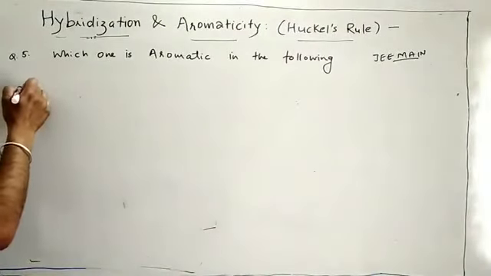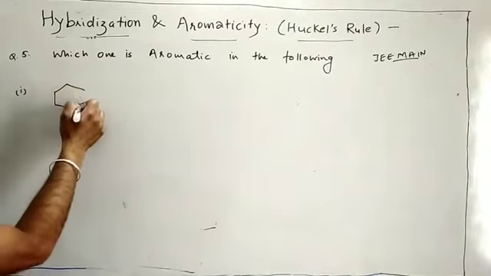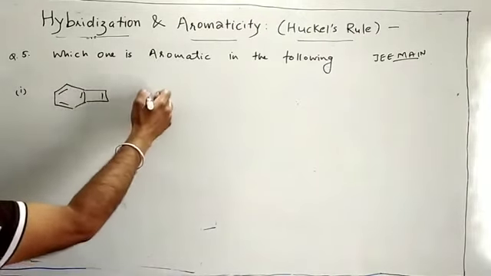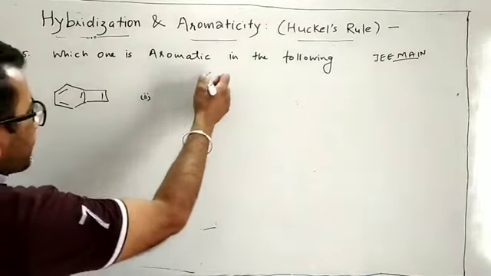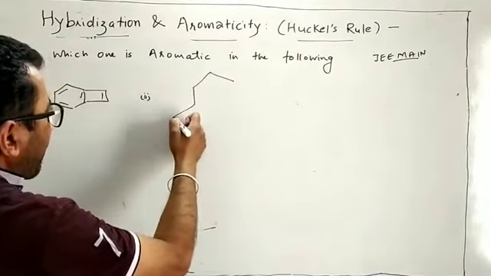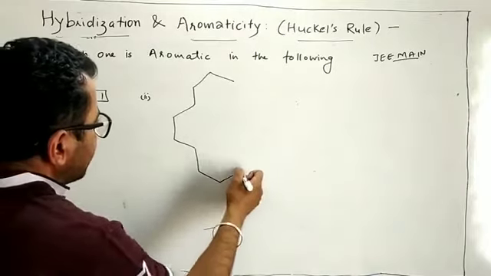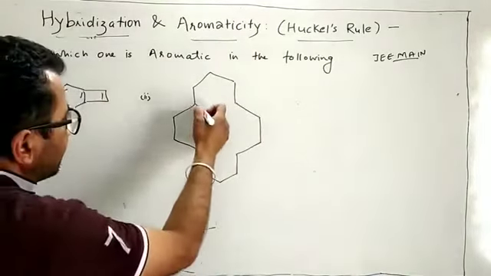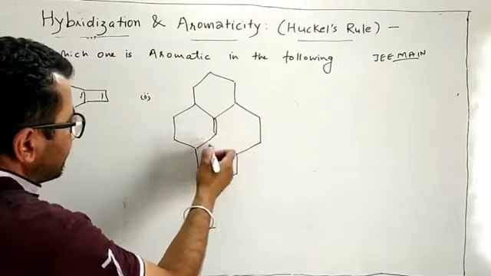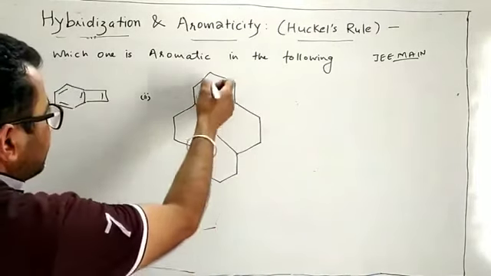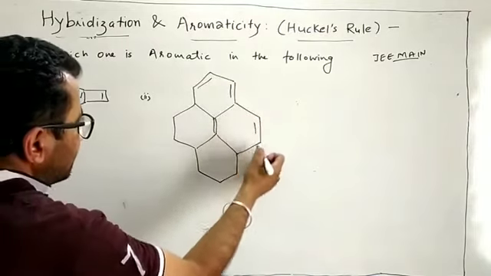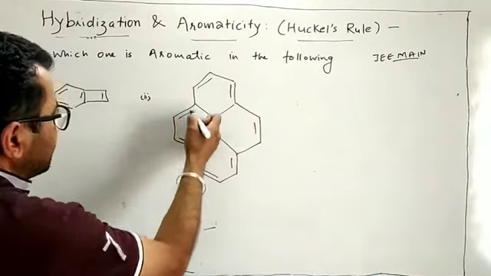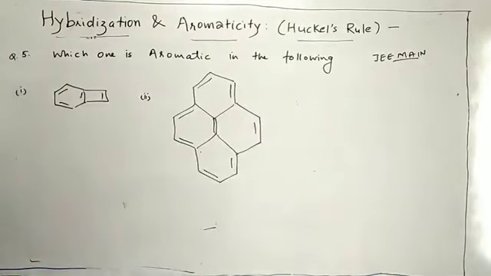Options are number 1, a 6-member ring with a 4-member ring. Number 2 option is a compound like this, and we have 1 2 3 4 5 6 and 7, this is the option.